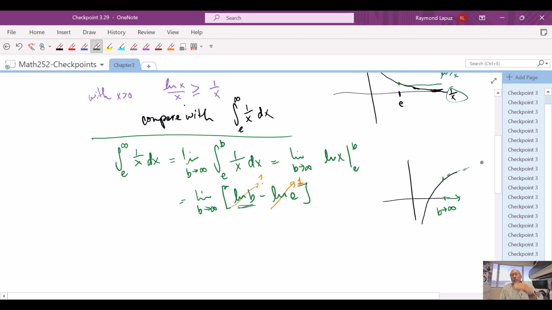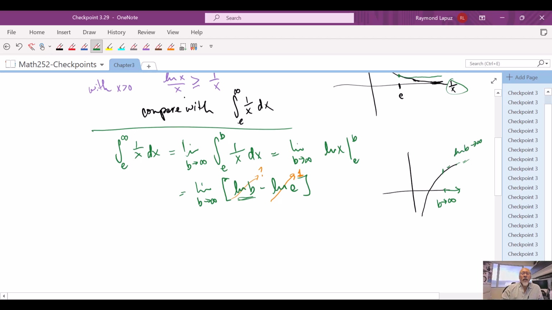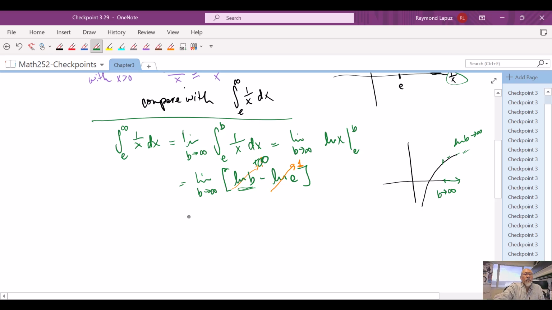It continues to grow slowly, but nevertheless still continues to grow. So ln of b will also go to infinity. So that means this thing goes to infinity, and now this thing's going to diverge. Diverges, and maybe more specifically we say it goes to infinity.